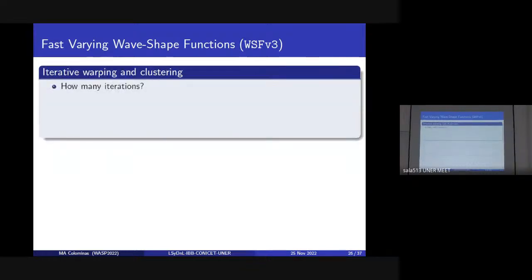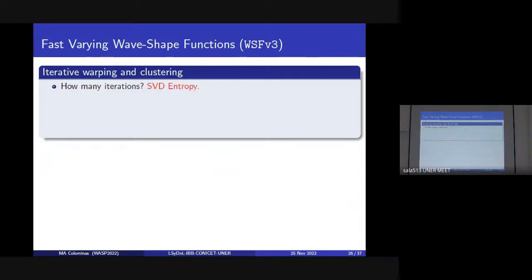How many iterations? Yes, it converges, but it could converge after 1,000 iterations. I don't know. It's not the case. We need some practical tool to measure this improvement with the iterations. We are using the SVD entropy.